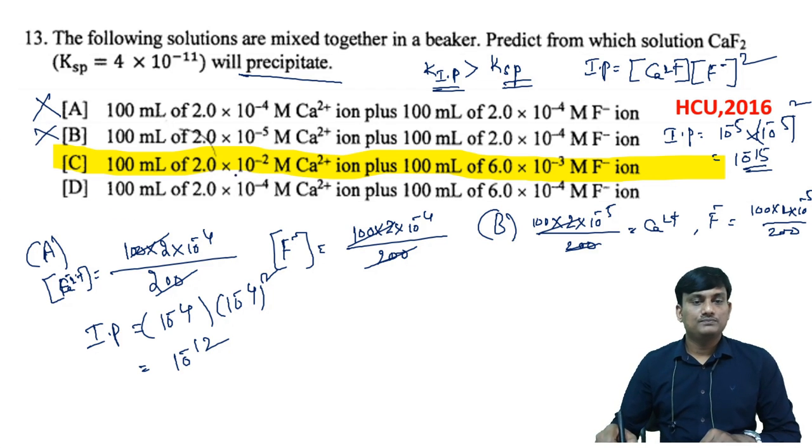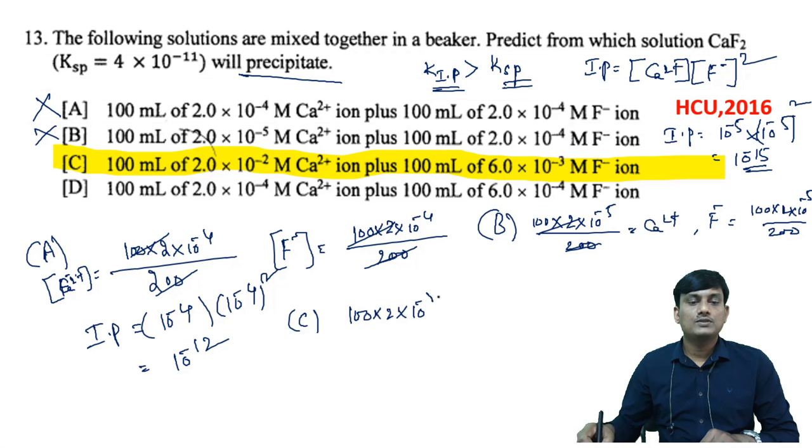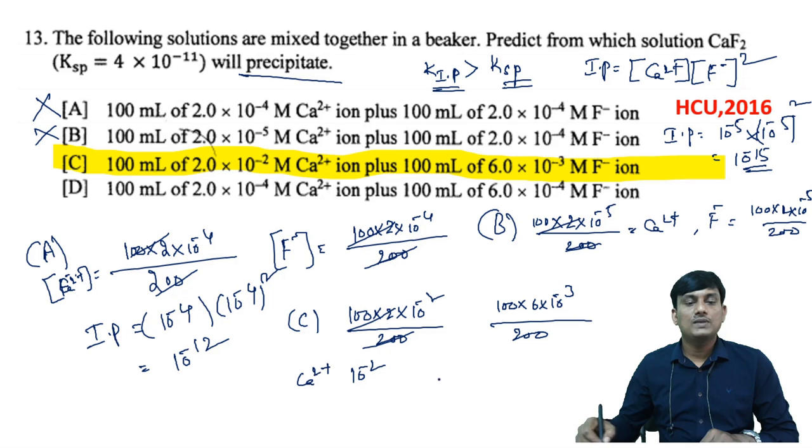Suppose you take C. The concentration of Ca2+ will be 100 × 2 × 10^-2 divided by 200. This is the concentration of Ca2+. And F- is 100 × 6 × 10^-3 by 200. Here 200 cancels, so 10^-2 is the concentration of Ca2+, and F- will be 3 × 10^-3.